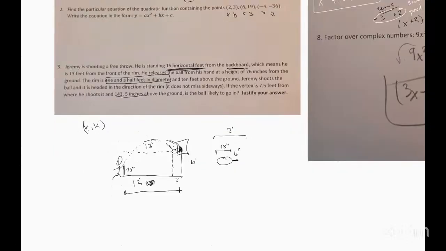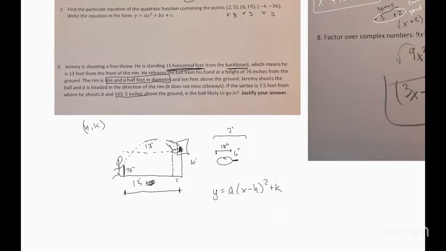They told us the vertex, so let's see, y equals a times x minus h squared plus k. And we know h is, let's convert everything to inches. So 13 feet from where he released the ball. The vertex is 7.5 feet.